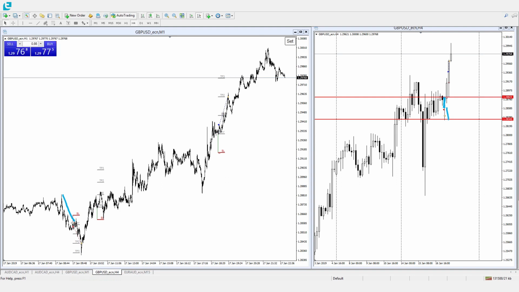But usually I just set my target, because the lines are not too precise, I'm going to set my target for the TP2. So let's delete this. I'm going to show you now when this happens and you watch the 4 hour, and you can see the price bouncing down like this, the candle looking like this.